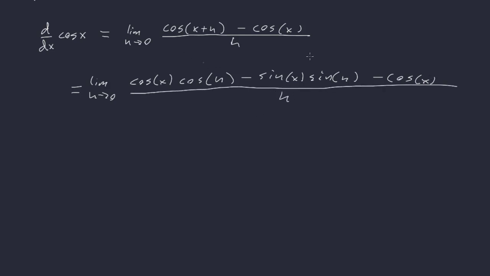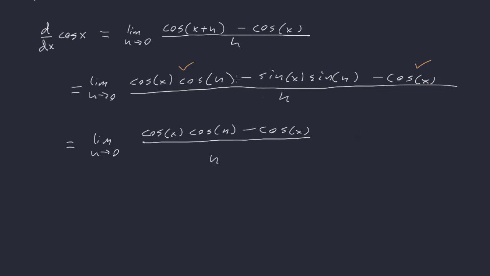Once again, I'm going to join the cosine x terms together and then leave what else we have left over. So I'll have the limit as h goes to 0 of cosine x times cosine h minus cosine x all over h. And then here we'll have minus sine of x times sine of h all over h.